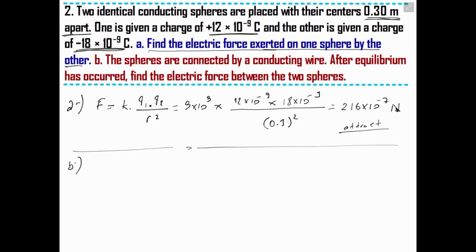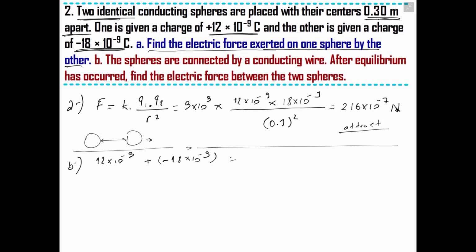Let's solve the B. At the B it says the spheres are connected with a wire, so it's like that. We have a sphere here, and if you connect them with a wire, their charges are going to balance each other. That means the charge on both identical spheres will be equal to each other. Firstly, we have to add them to each other. Charge of the first, 12 times 10 to negative 9, plus charge of the second, negative 18 times 10 to negative 9.